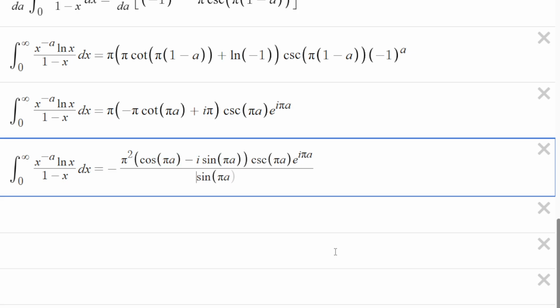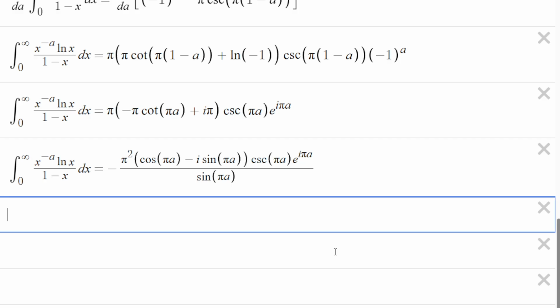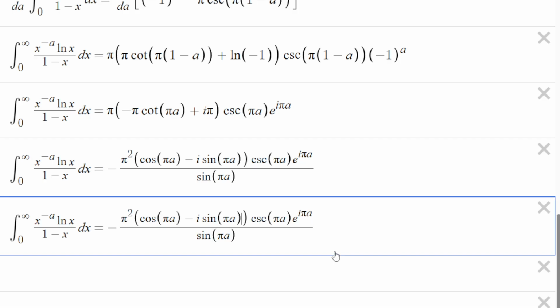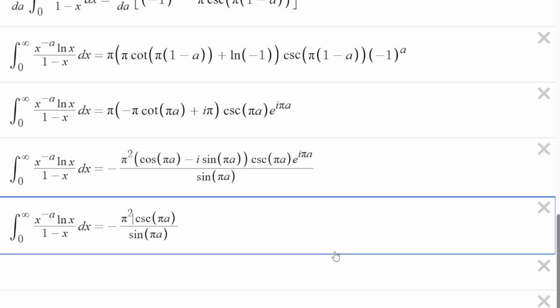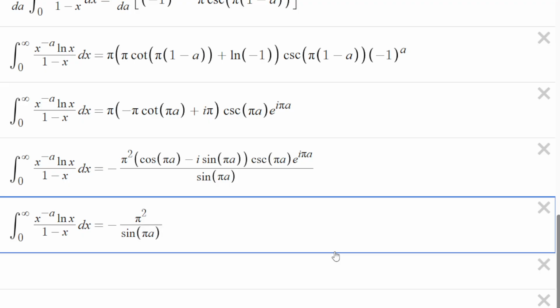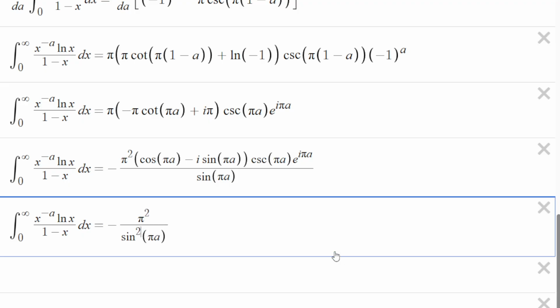So we can rewrite that cosine pi a minus i sine pi a as just e to the negative i pi a. And then you'll notice this multiplied by this is just going to give us 1. That cancels out nicely. And then this cosecant pi a, we can bring to the denominator as a sine pi a, just giving us sine squared pi a.